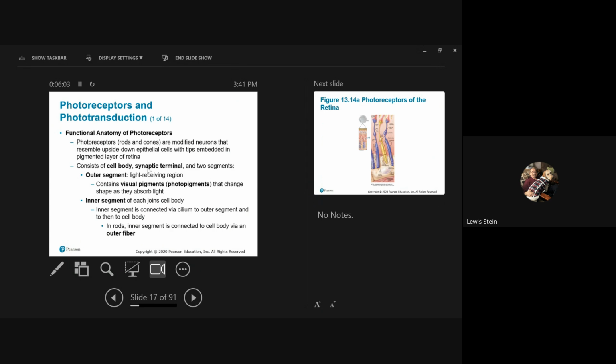So the photoreceptors themselves, and that's the point I want to discuss here. Modified nerves that resemble upside down epithelial cells. The tips are embedded in that outer pigmented layer. Rather than going into the cell body and synaptic terminal, whether it's a rod or a cone, it's layers of these photopigments that change shape when they're exposed to light. So the photopigments change shape as they absorb light, and the inner segment is effectively the way it's going to conduct the signal.